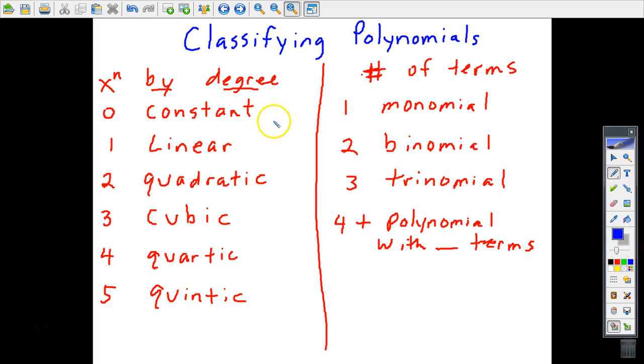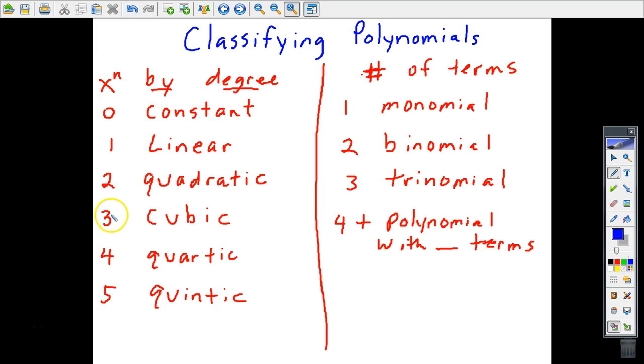You may just want to pause at this point and make sure you get this in your notes. On the left side, we have some terms that help us to classify polynomials by their degree. The way we identify the degree is we look for the highest exponent for the variable x.